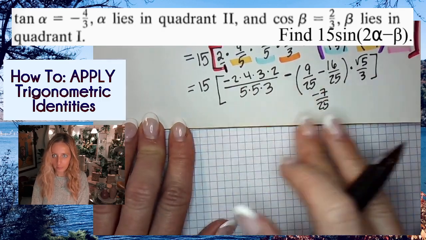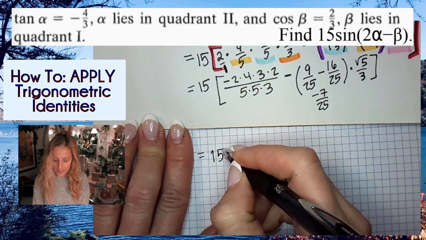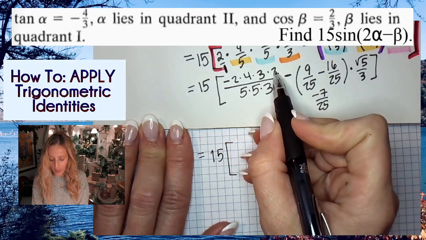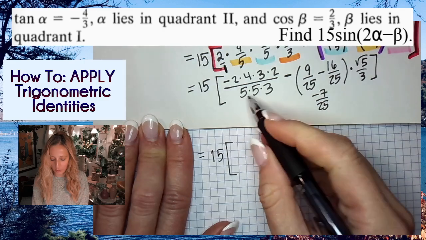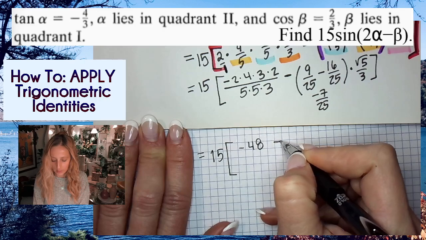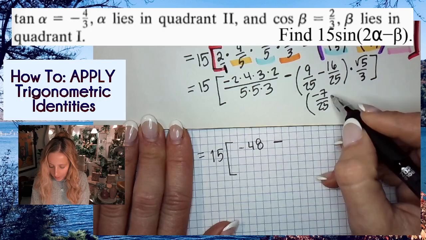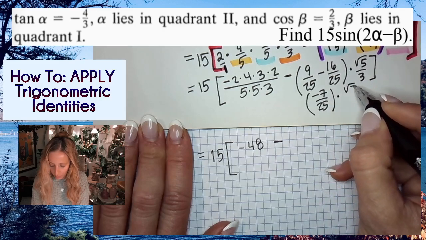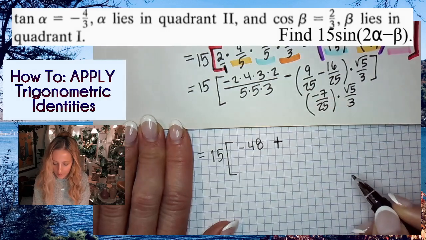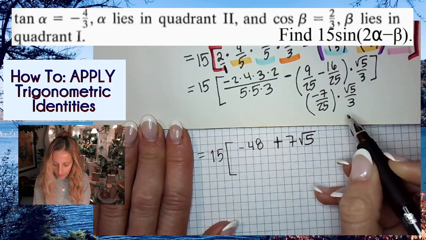Okay. Here we are. 15 times 4 times 3 is 12, times 2, 24, times 2, 48, negative 48, minus, okay, I have negative 7 over 25, and I have root 5 over 3, but minus negative becomes plus 7 radical 5.